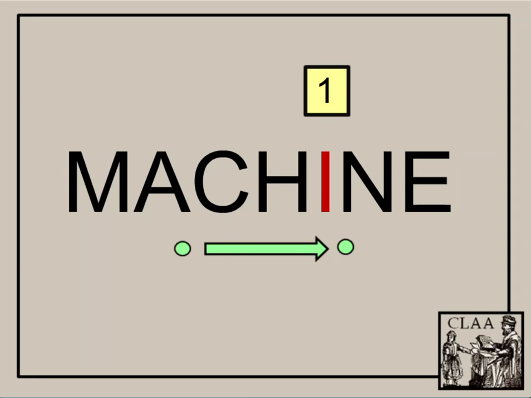But that's not how this word is read. This word is irregular. In this word, the letter I is read with the sound E. It's irregular. Let's read this word together. Machine, machine.